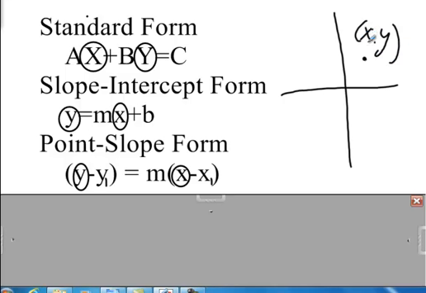Since there are infinite points on the coordinate plane, and actually there are infinite points on a line, that's what makes it a line, there are infinite possibilities of what we can put in for x and y. Hence, x and y are our variables because they can vary in what their values would be.